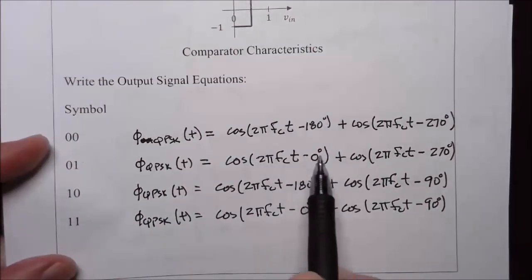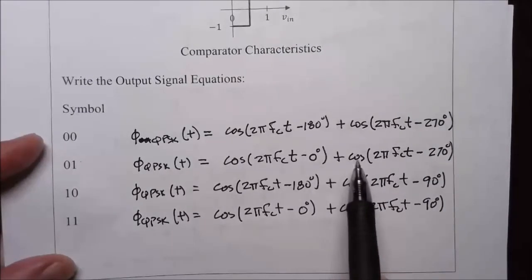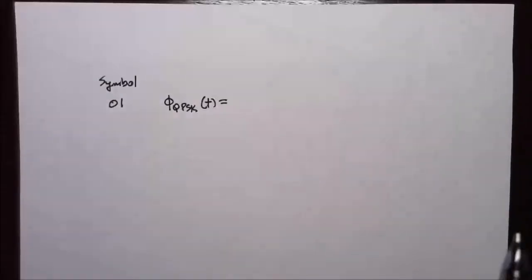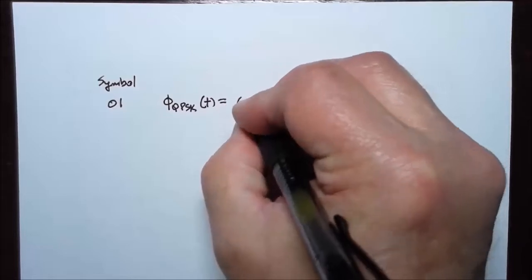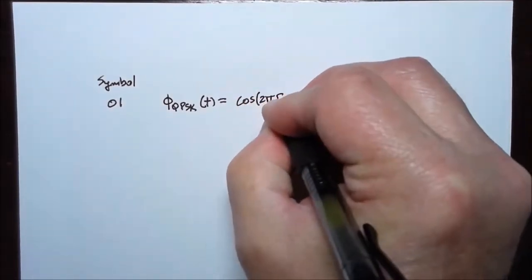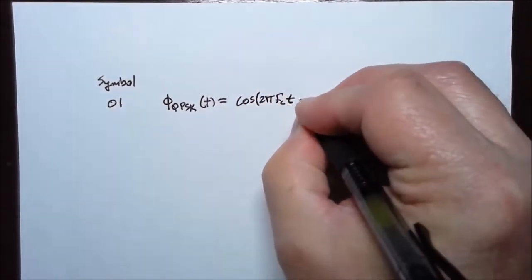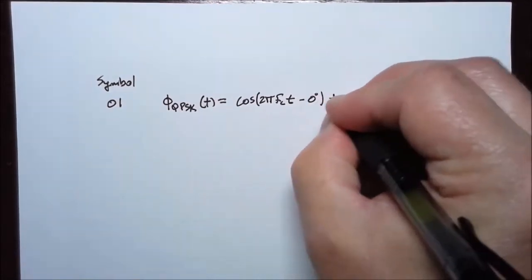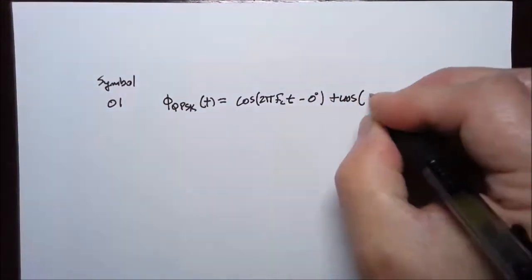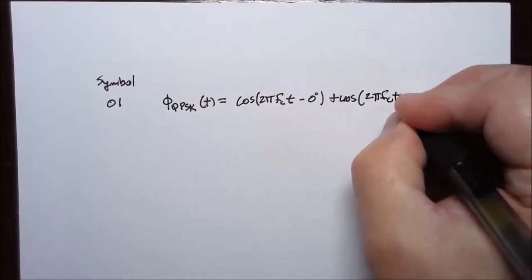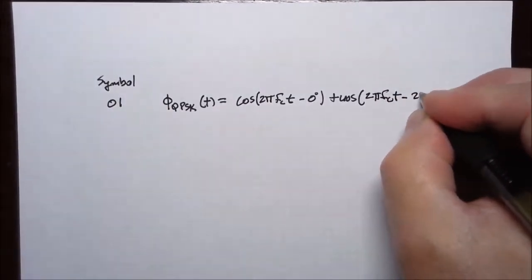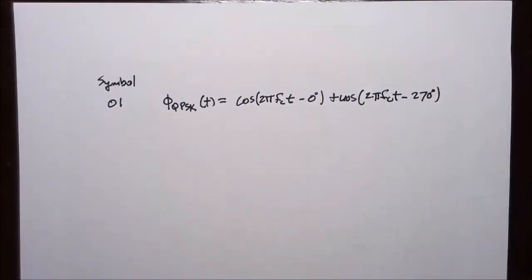First cosine has a phase shift of 0 plus a cosine with a phase shift of minus 270. So this is cosine 2 pi FCT minus a phase shift of 0 plus cosine 2 pi FCT minus a phase shift of 270 degrees.